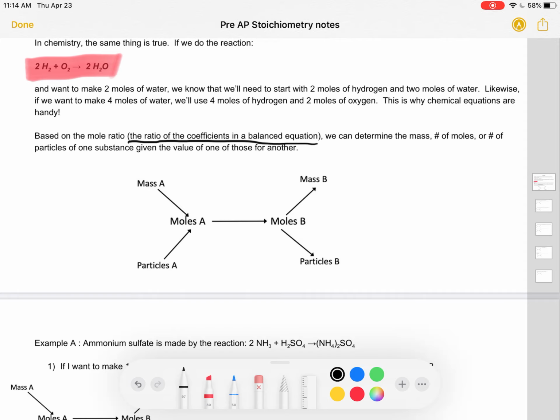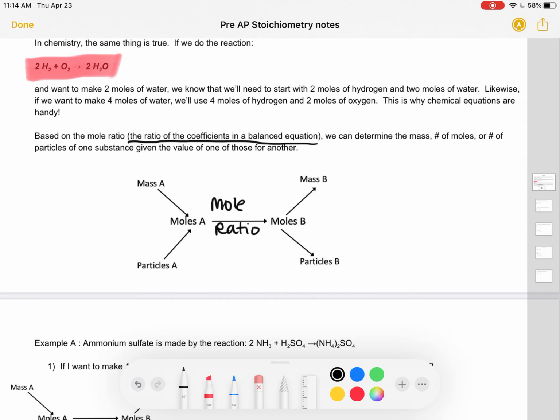So really, as long as you know something about some member of a chemical reaction, you can figure other things out. So going from moles of substance A to moles of substance B, that's called your mole ratio. And that's determined again by the coefficients in your chemical reaction.